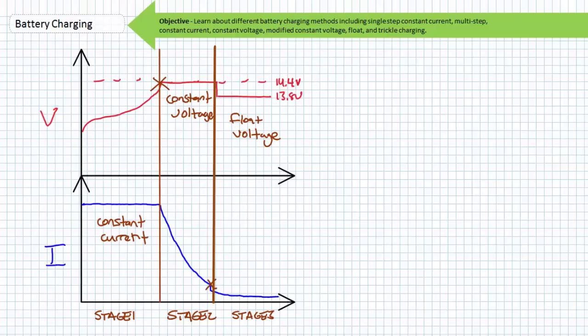Any further charge at this current magnitude would see voltage rise in excess of the gassing voltage and potentially damage the battery. At or near the gassing voltage set point, the charger switches to the second stage, characterized by a constant voltage. Current decreases from the previous maximum to a predetermined minimum as the voltage differential between the charging source and the battery is progressively eroded.